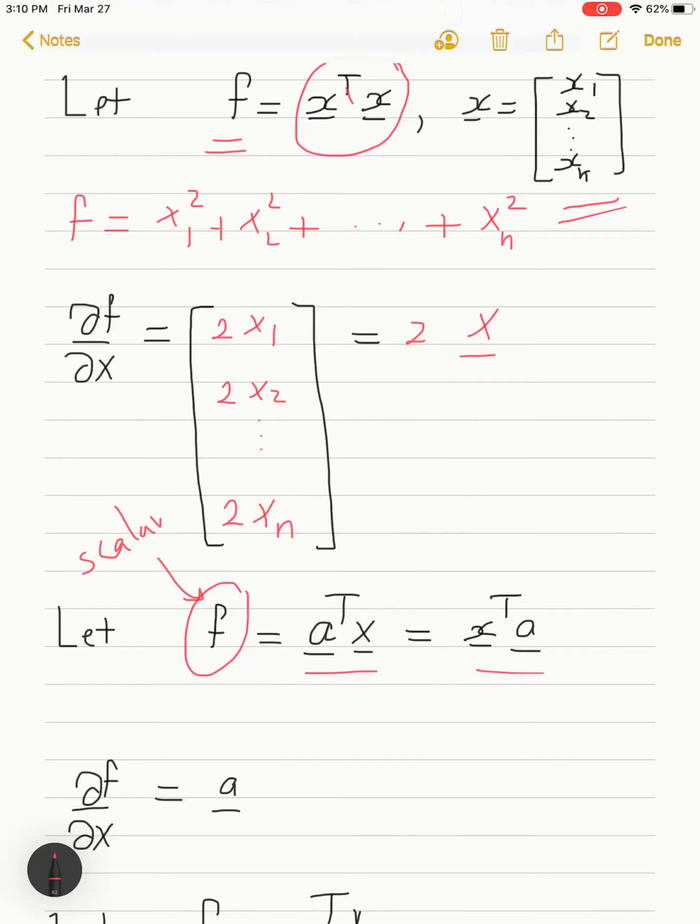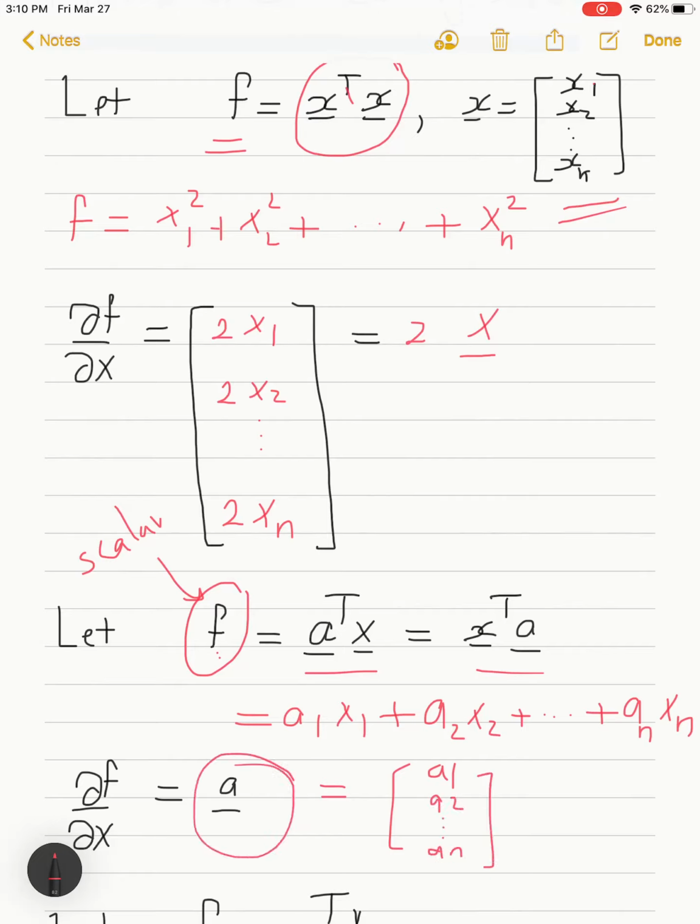If I take the derivative of f with respect to x, I would write this as a1 x1 plus a2 x2, and so on, up to an xn. I differentiate with respect to x1, that gives me a1. With respect to x2, that gives me a2, and so on, up to an. So the result would be just a.